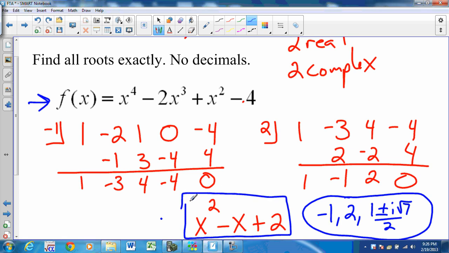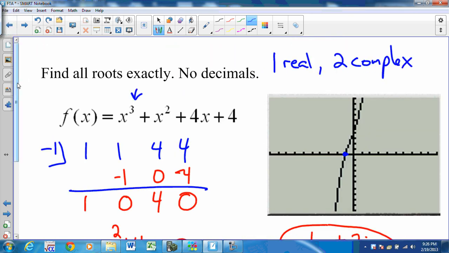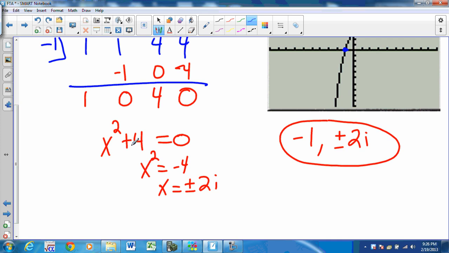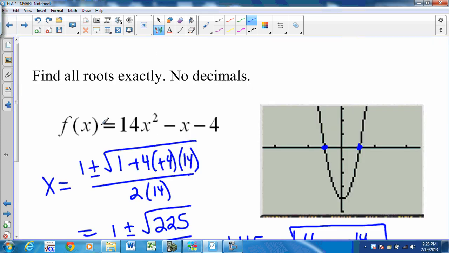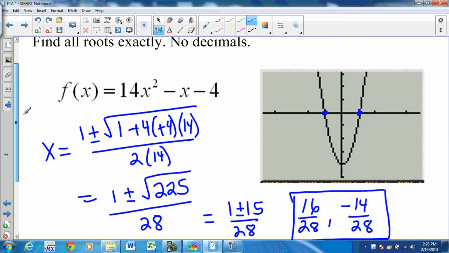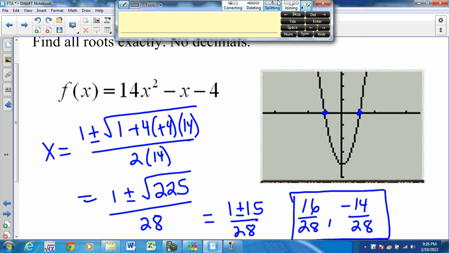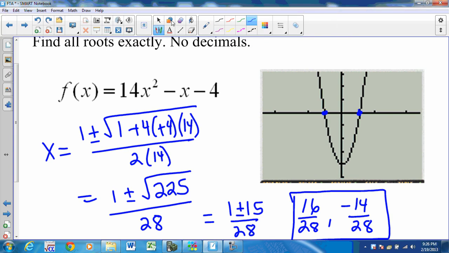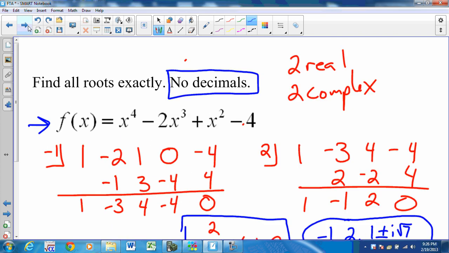So then I could use quadratic formula to get all of my answers with no decimals exactly. Sometimes you may be able to solve them by extracting the square roots. Sometimes you'll need quadratic formula to solve. But they'll all work that same way.